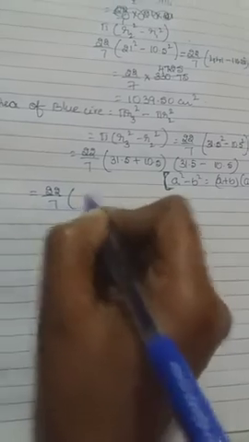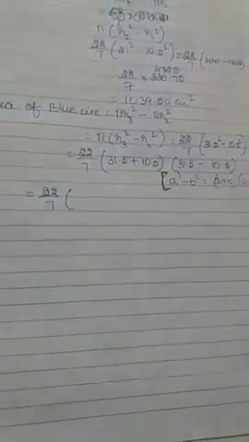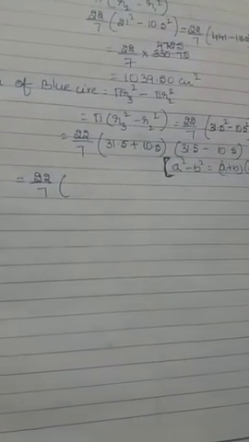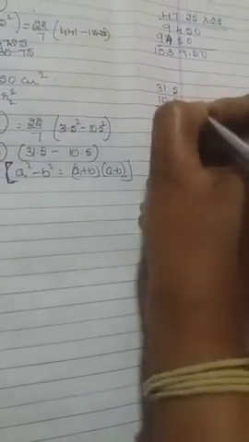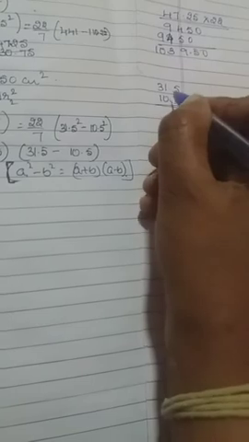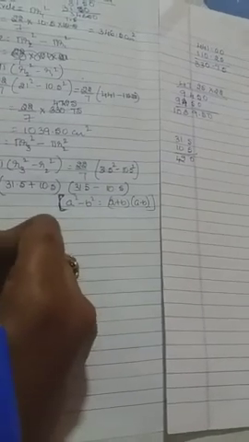22 by 7 into 31.5 plus 10.5: 5 plus 5 is 10, 1 carry, 1 plus 1 is 2, 3 plus 1 is 4, so we got 42.